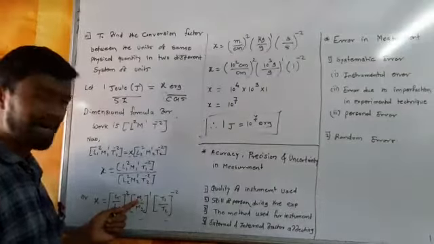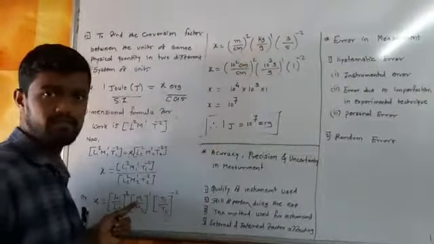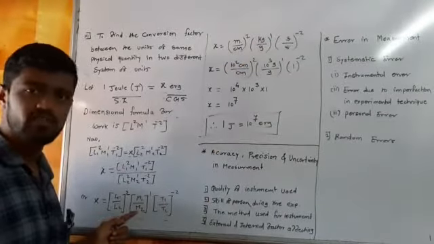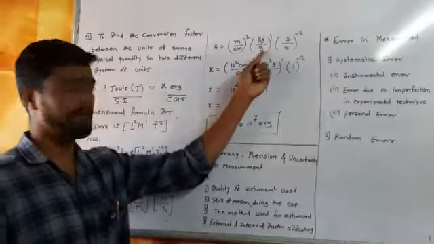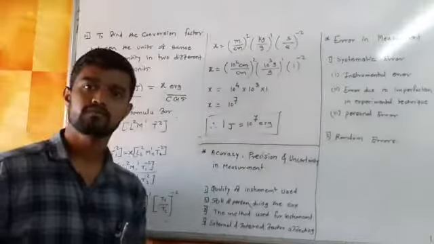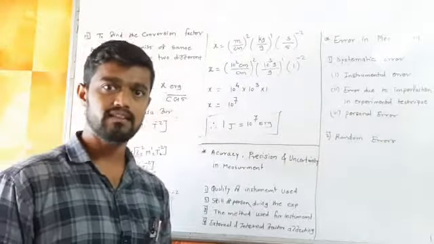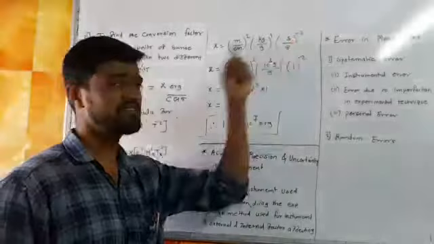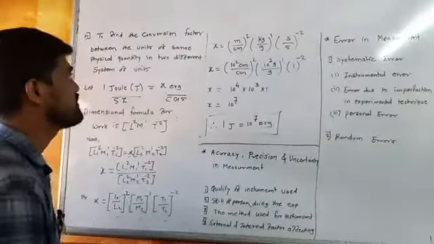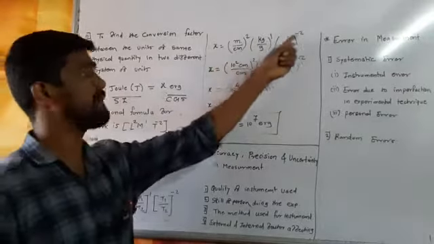Mass has SI unit kg and CGS unit gram. Time has the same unit in both, second and second, so I write s and s to the power minus 2. The powers are the same: 2, 1, minus 2.